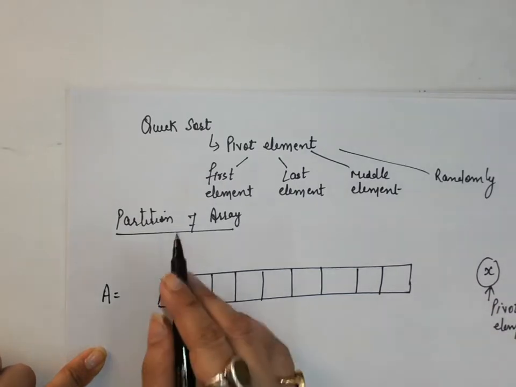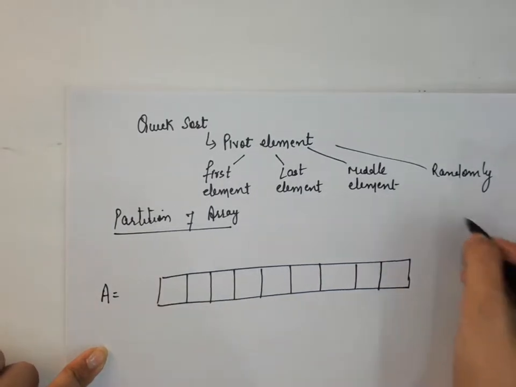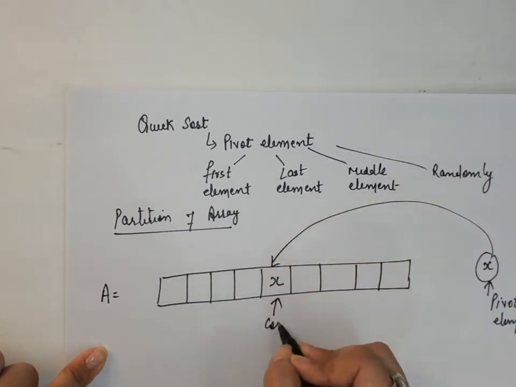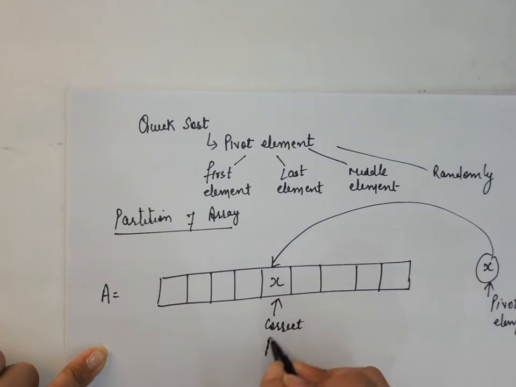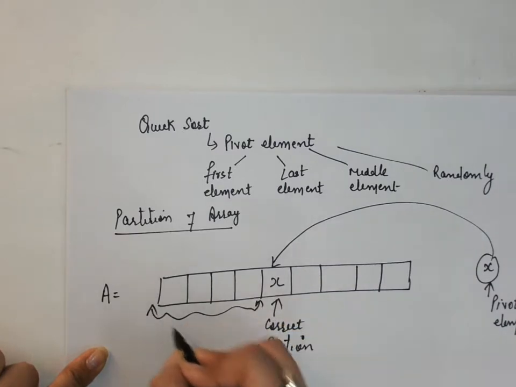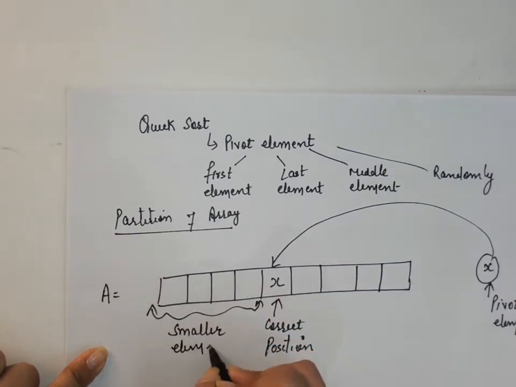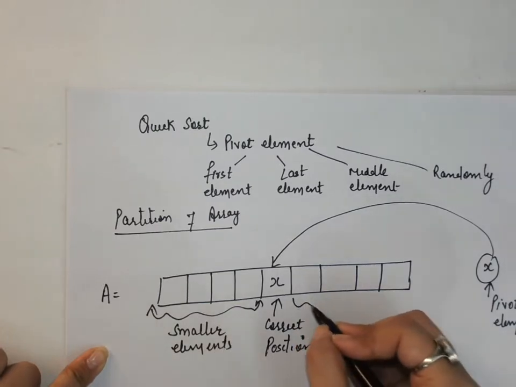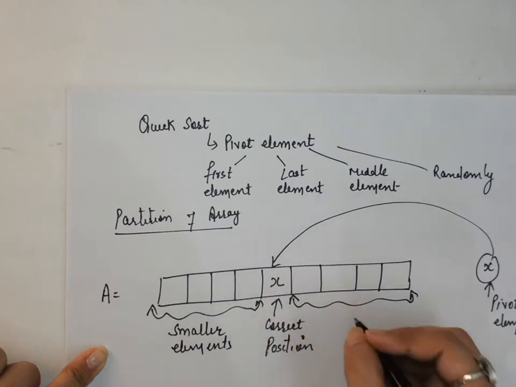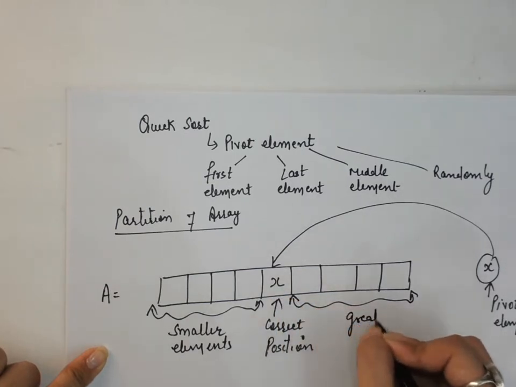This partitioning algorithm will put this X at its correct position, and before X all smaller elements will appear, and after X all elements with key value greater than X will appear.